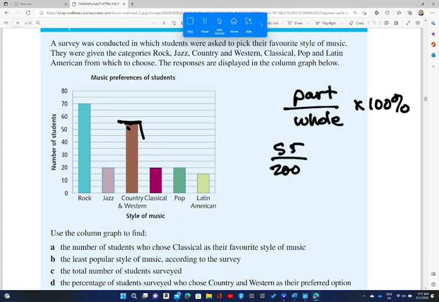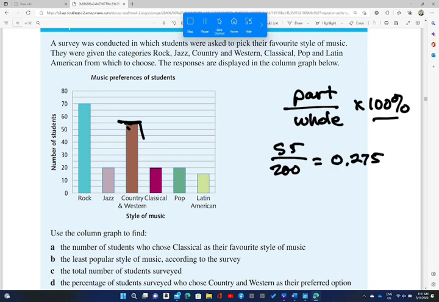Somebody want to do that for me, please? You should have your calculators in front of you. 55 by 200, someone? 0.275.